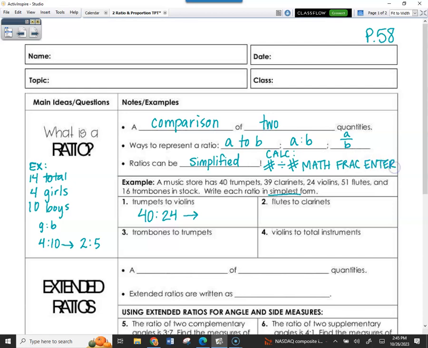You're going to type in your calculator number divided by number, and then before you hit enter, because sometimes it's going to give you a decimal, you're going to hit math. The very first option says frac, which means convert to fraction form, and then you're going to hit enter, and it will spit it out as a reduced fraction in simplest form.